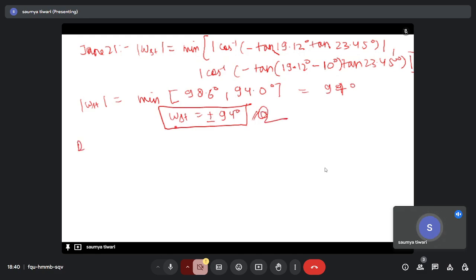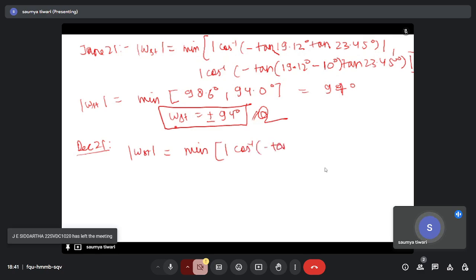Similarly for December 21, we can put all the values. So let me just write it quickly. It will be the minimum of mod of cos inverse of minus tan 19.12 tan, it will be now minus 23.45, right?